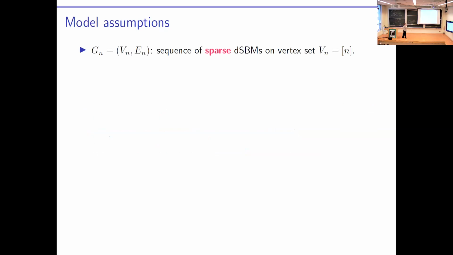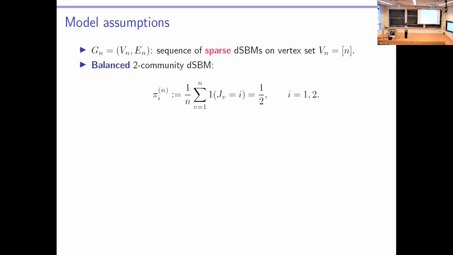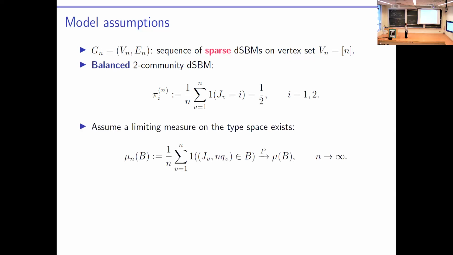Everything I say is for this simple toy example, but generalizes to a lot more complex types of random graphs. We take a sequence of sparse directed stochastic block models. They're going to be on two communities only. They're going to be balanced, so the proportion of vertices in community 1 is 1/2, and same for community 2. That's just for these examples, nothing important.